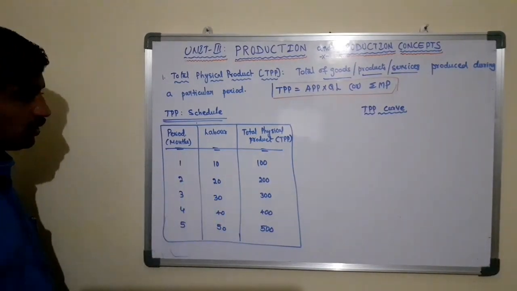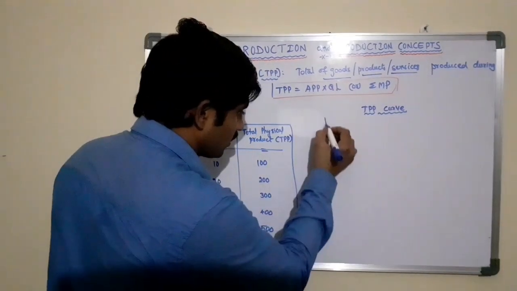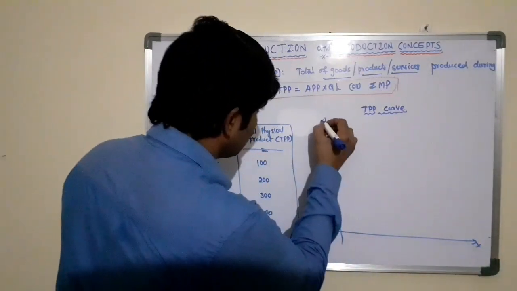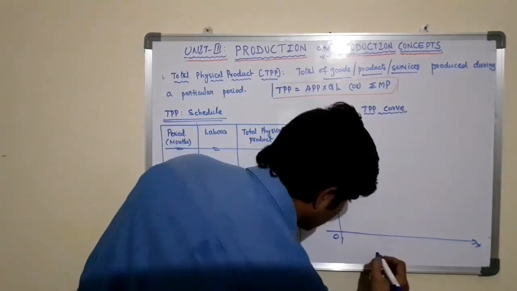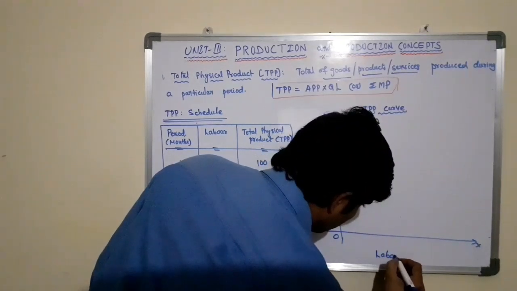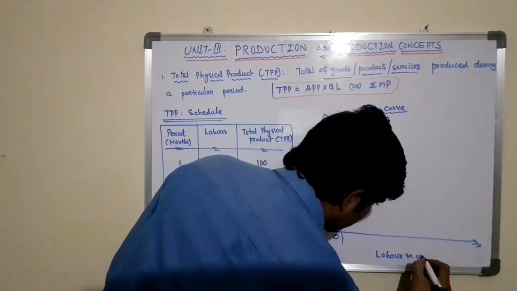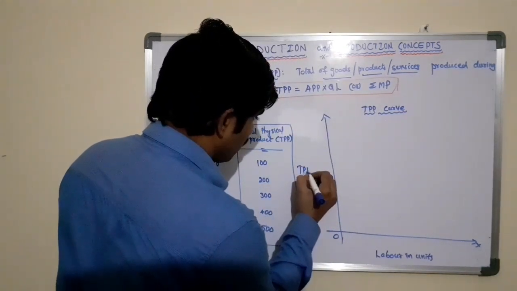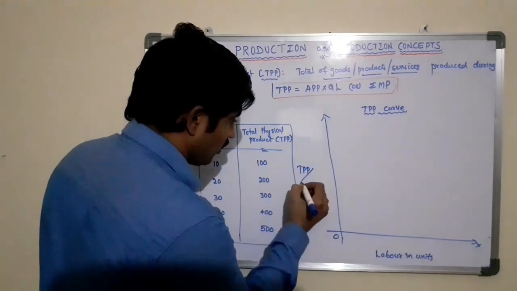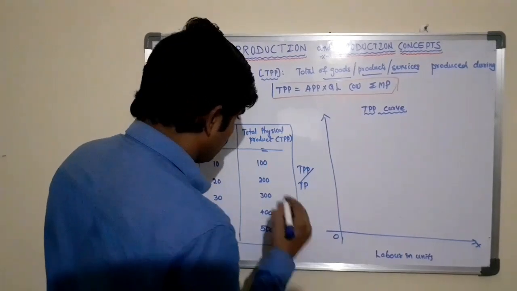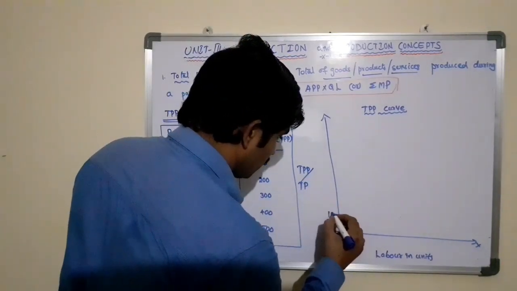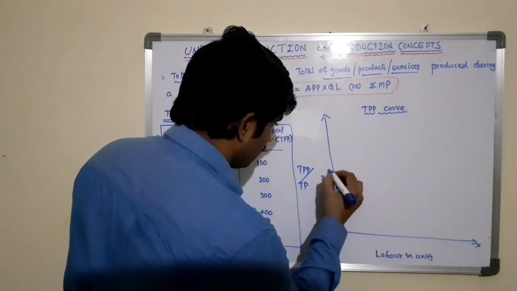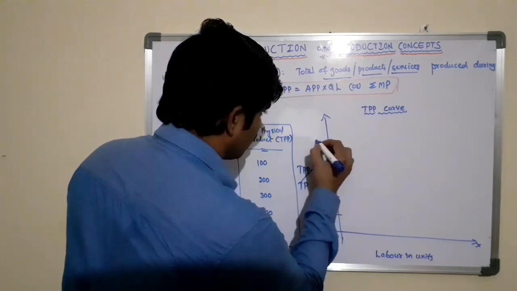By using this schedule we will construct one graph, with x-axis and y-axis. On the x-axis take labor in units, and on the y-axis we take total physical product or total production: 100, 200, 300, 400 and 500.